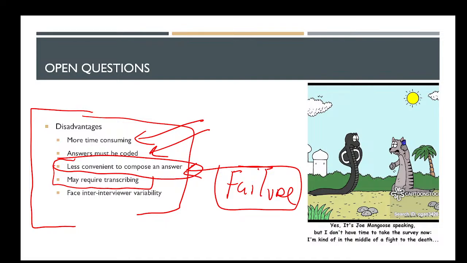The way whoever is doing the interview asks questions, if it's a spoken one, can differ, as can some of the prompts they give, if they start giving follow-ups or trying to explain things. Different interviewers may get slightly different results out of these questions. So they're a less consistent tool than your typical survey research.